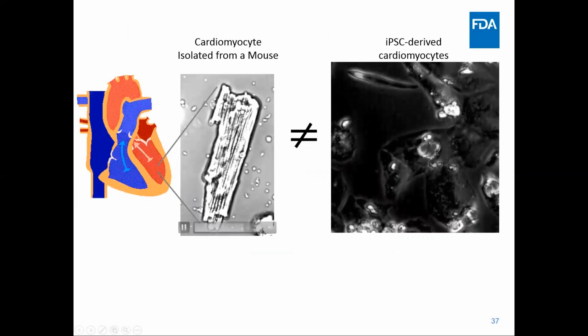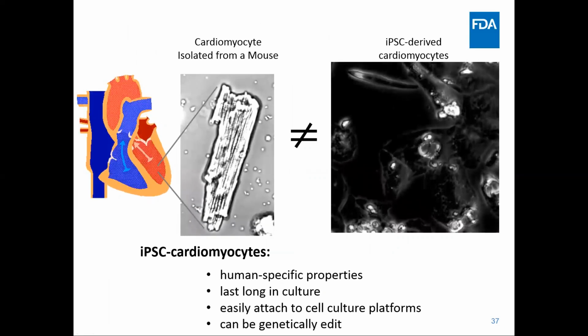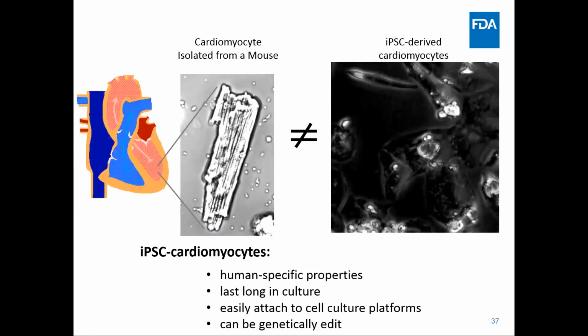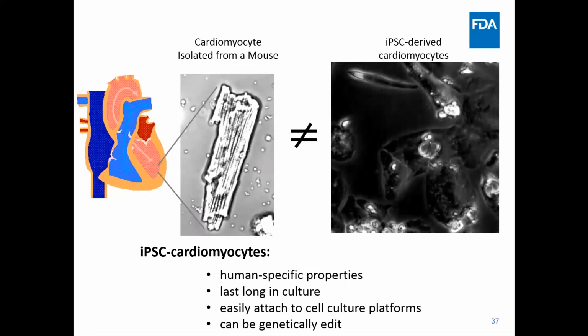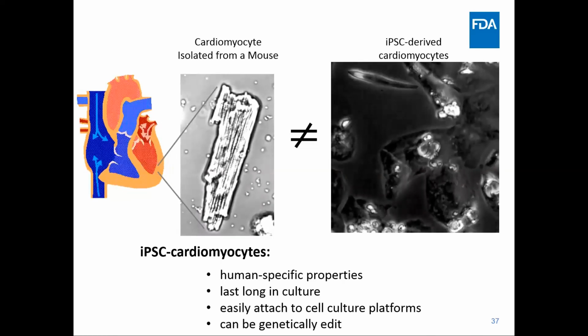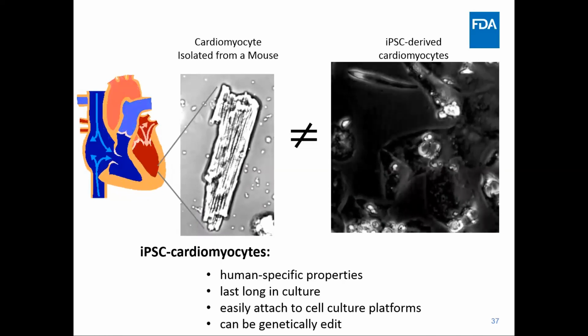However, I don't think, and the field doesn't think, that this is a reason to give up on these cells because they do have human-specific properties. They do last long in culture. They easily attach to cell culture platforms, in opposition to primary cardiomyocytes. And most importantly, they can be genetically edited to emulate or represent specific patient-specific disorders or population-specific properties.